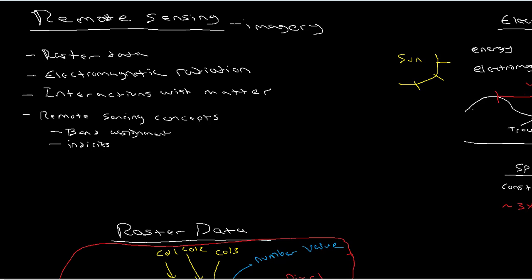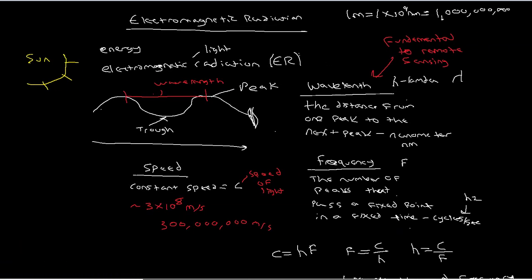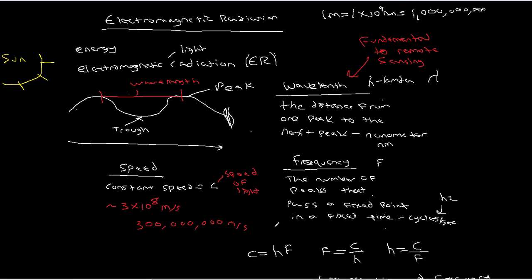And in this lecture video I want to continue our discussion on remote sensing by talking about this idea of interactions with matter. Okay? And so we left off last time with this idea of electromagnetic radiation and the electromagnetic spectrum, dealing with this idea that we had a wave traveling with a constant speed in a specific direction, and that we could measure or quantify or categorize this radiation by this idea of wavelength, which was the distance from one peak to another peak.